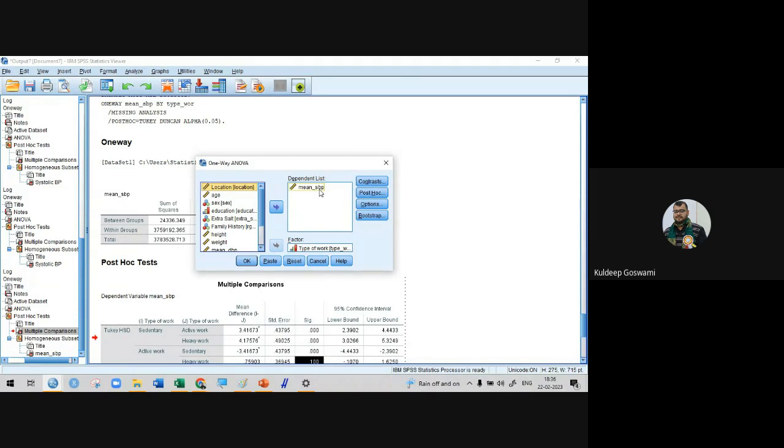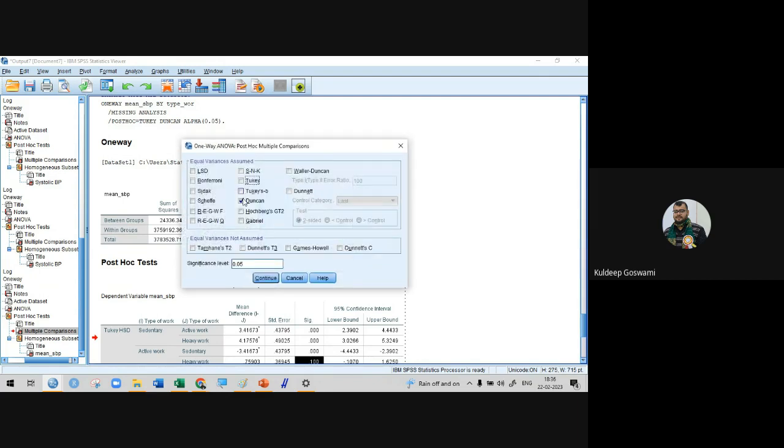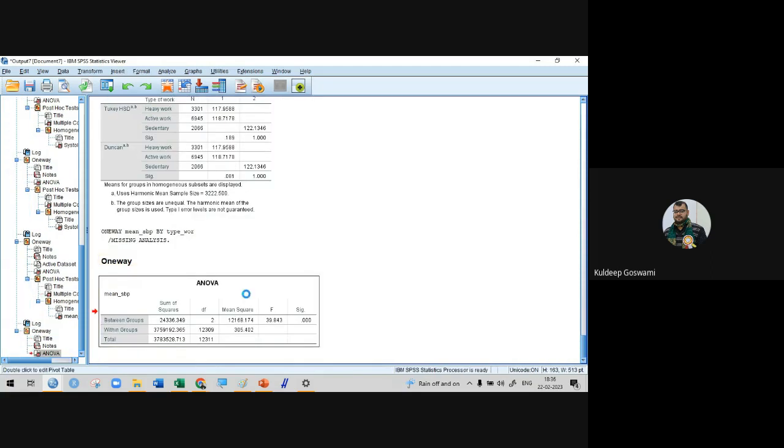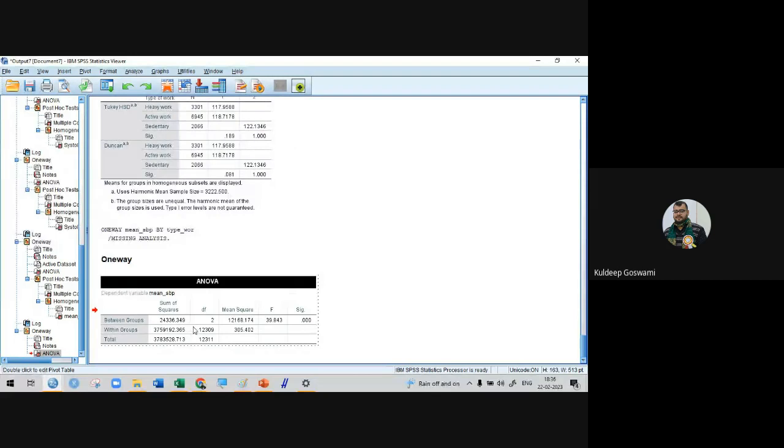I want to check whether the mean systolic blood pressure is the same for all respondents depending on type of work, or whether type of work has some impact on mean systolic blood pressure or not. If we click OK, we get the ANOVA table, which gives the result that yes, they have some impact or they are not the same.